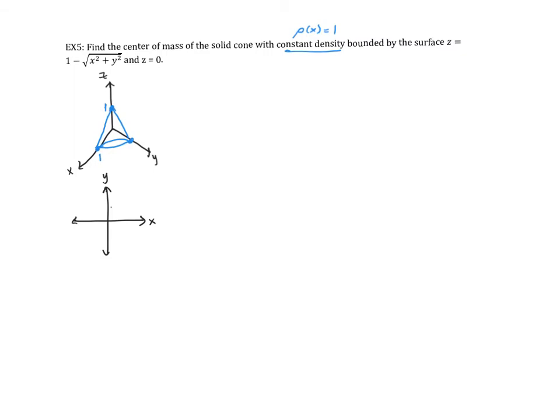So that would be the x-intercept. And same with the y value, it would have to be 1. So when we look at this object in the xy plane, it's just the unit circle.